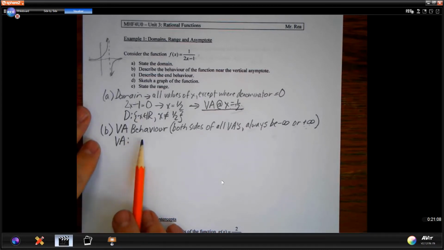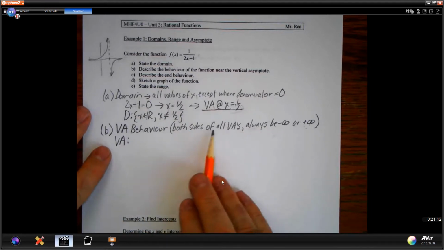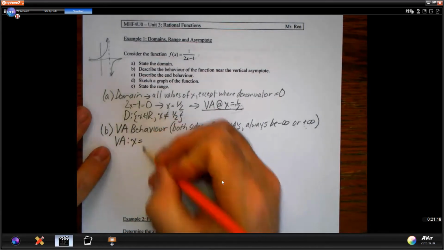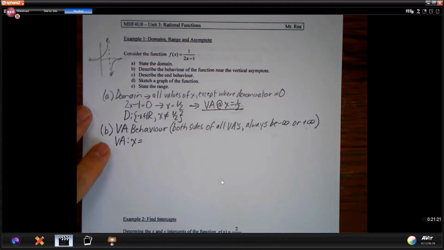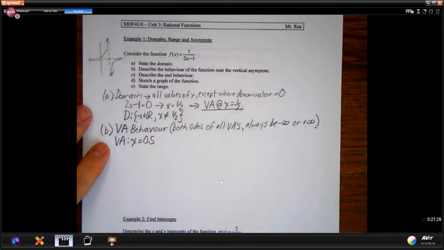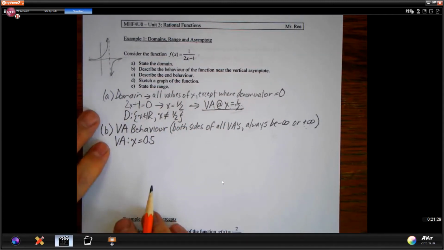So you have to do this for each of the vertical asymptotes. So that's why I said of all vertical asymptotes. In this case, we just have one. So I'm going to state which vertical asymptote I'm talking about. And at this point, I'm going to change it to 0.5, because it's really 1/2, but I like working with decimals if I can.